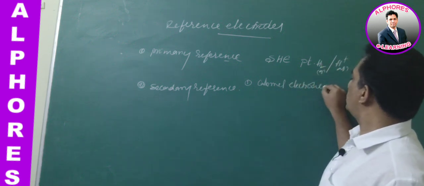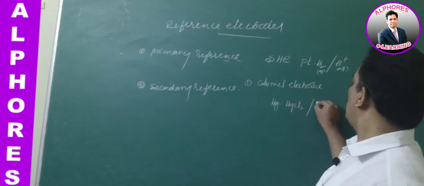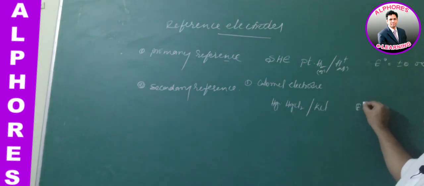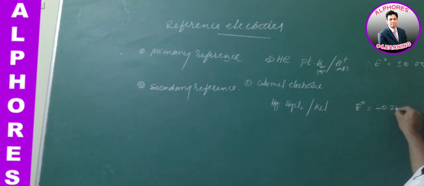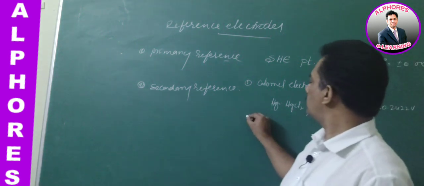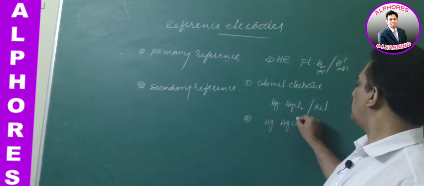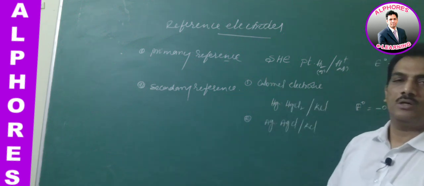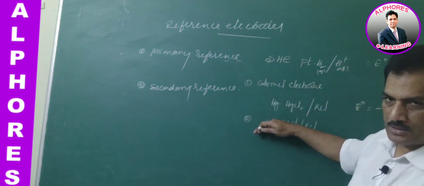This calomel electrode is mercury chloride in chloride solution, that is KCl solution. The E naught value of this electrode is minus 0.2422 volts. Clear? And one more electrode is silver salt, that is silver chloride in KCl solution. Like that, different electrodes are used. Here these are the primary reference and these are secondary reference electrodes.